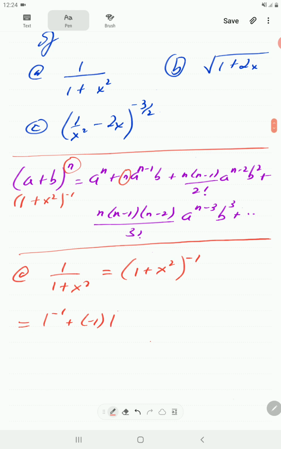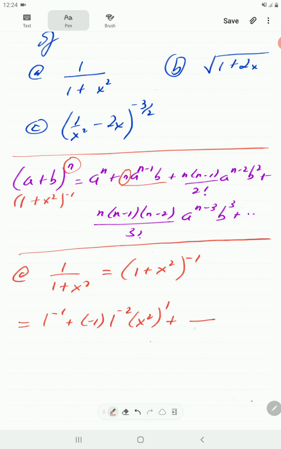Then 1 is now going to be to the power negative 2. Remember, the powers of a go down. Then x squared is to the power 1. So we've just finished that term.